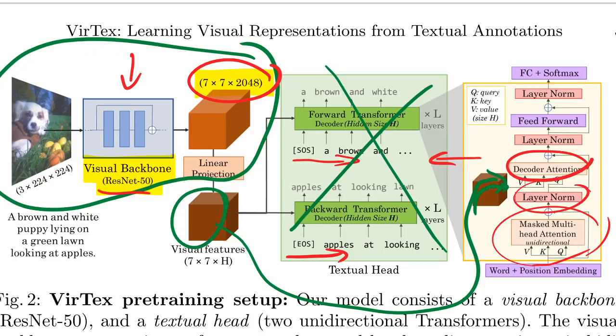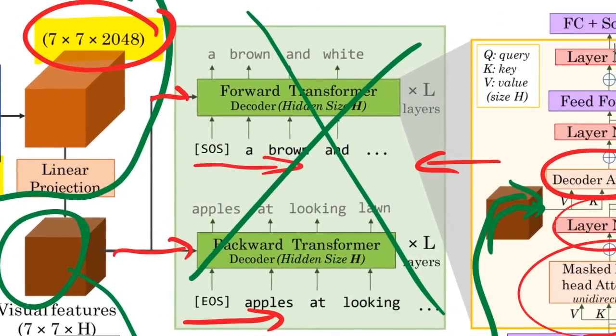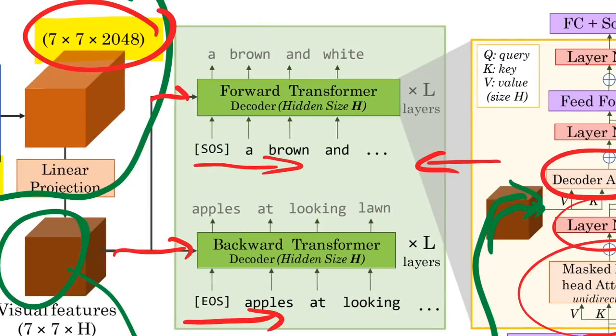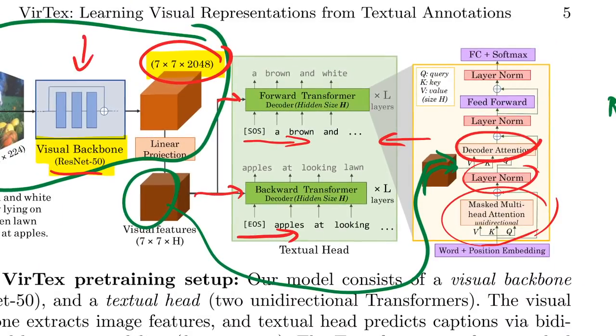All right, so convolutional network to encode the images. That gives you visual features. Those visual features go into two transformers. Both try to predict the caption of the image, one in a forward motion, one in a backward motion. And you train it to predict as accurately as possible the gold standard captions that you have in your dataset. That's it.